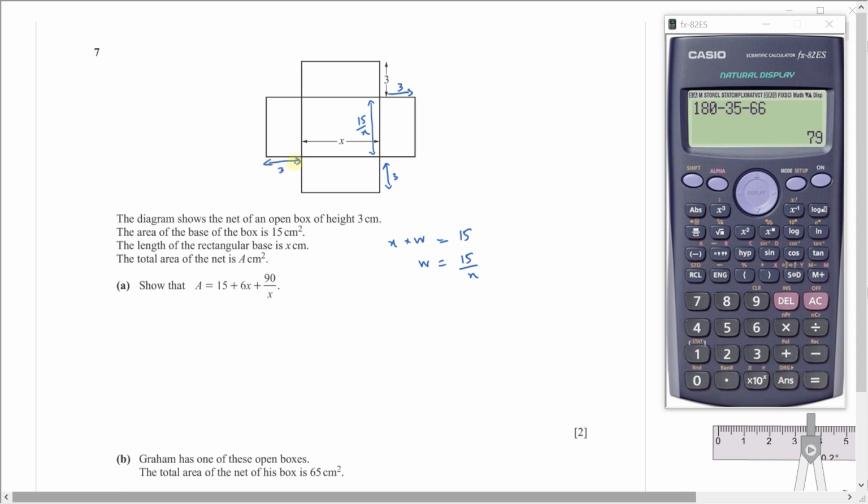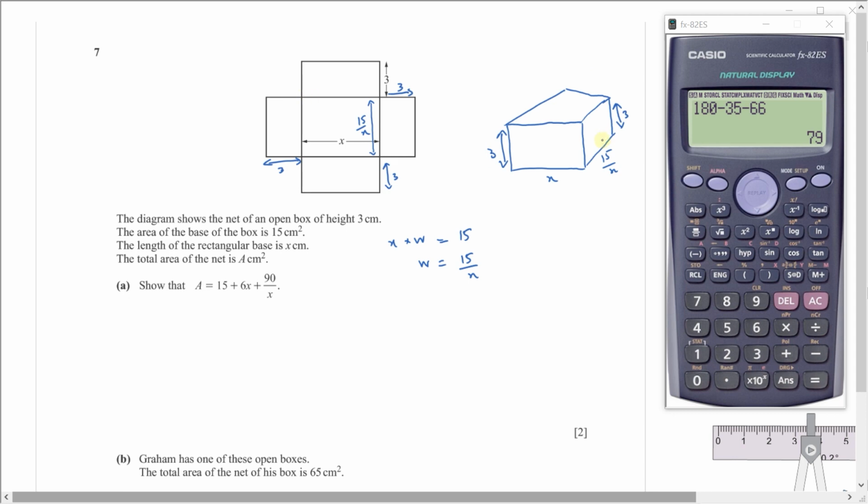So let me show you what I mean here. If I draw an open box here, like this. So this side is x, this is 15 over x. So these heights are all 3 centimeters.